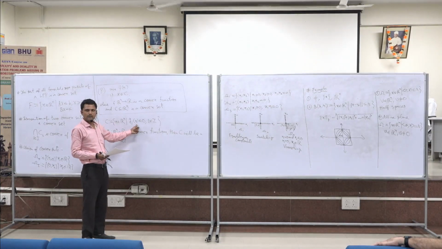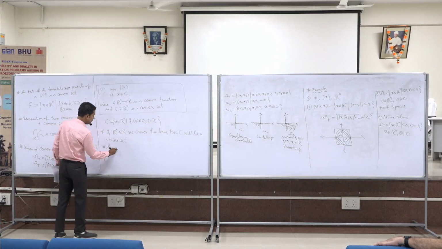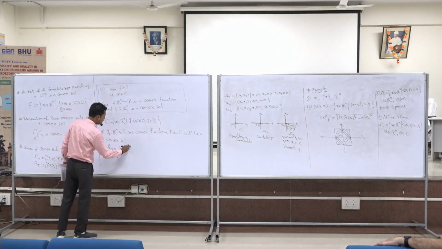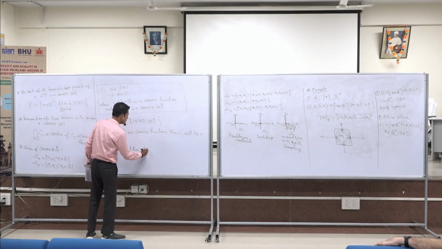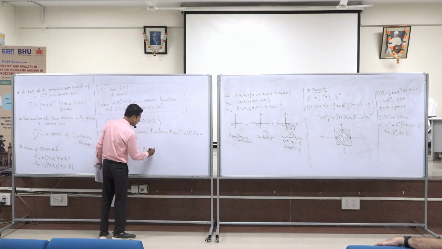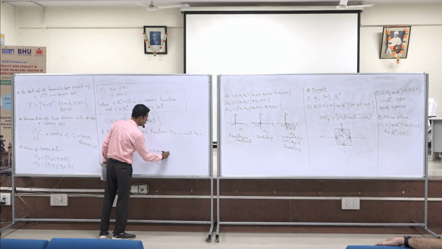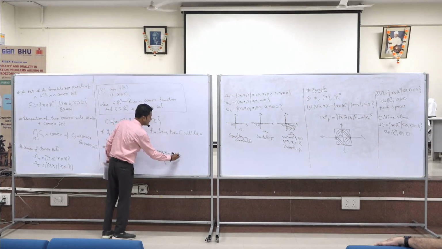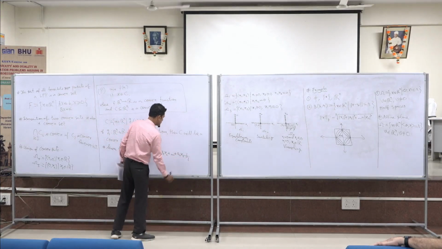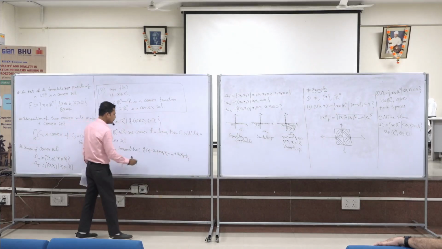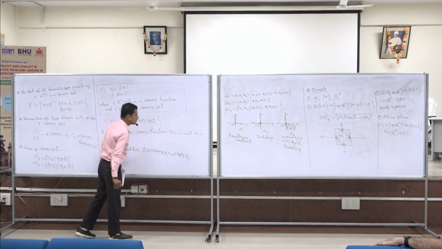So we can write gi(x) as ai1 x1 plus ai2 x2 up to ain xn minus bi.